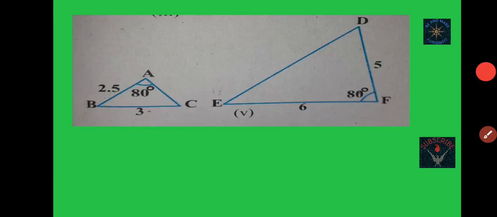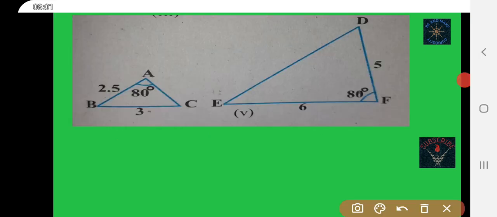Next, here you see two triangles are given, one angle and two sides are given. So here we apply the SAS similarity criterion to check whether they are similar or not.